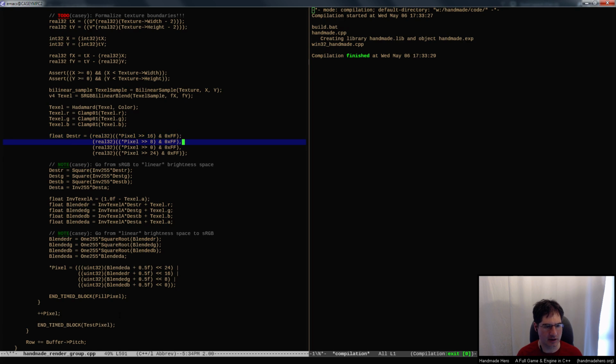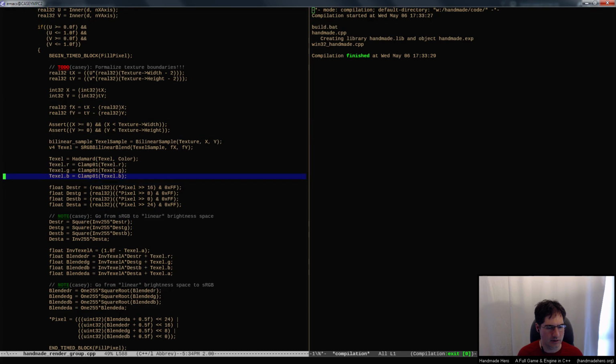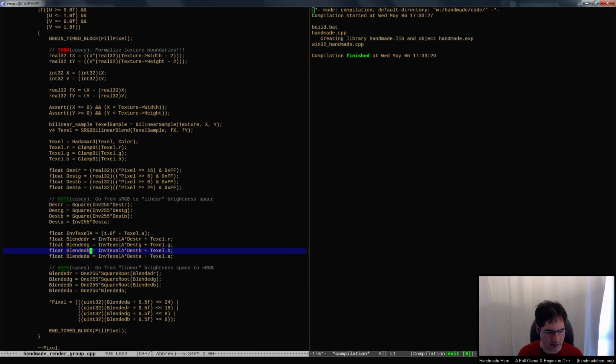This is basically us doing the unpack, right? Dest B, dest A, like so. There's the unpack, and then we do the operations on the unpack. Now, this one also works the same way, assuming that we leave the clamp in there. So I could turn that into scalar as well, and we'd basically just have these operations here where we've got Texel.